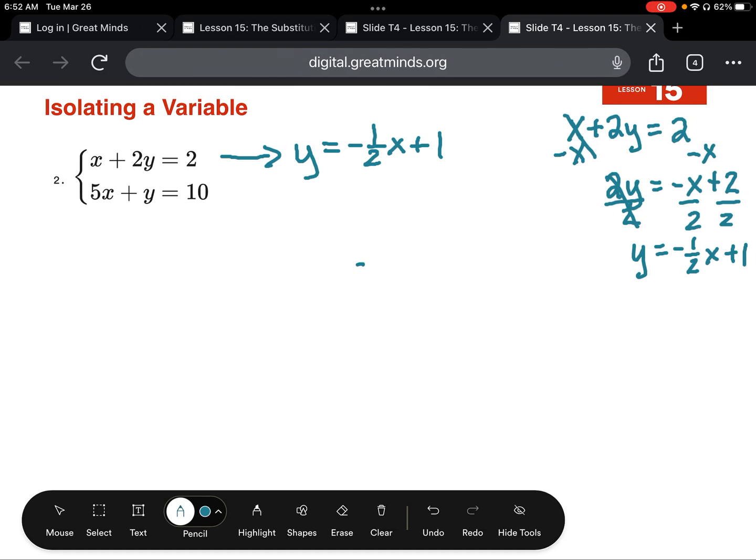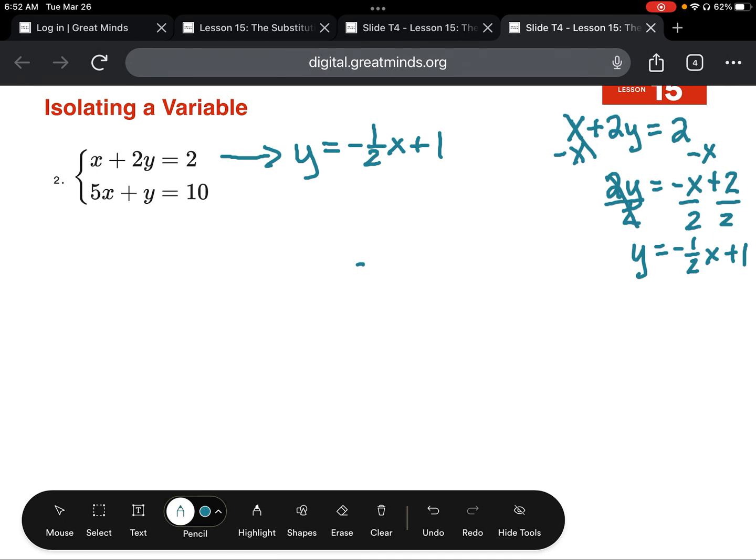And again, there are multiple ways to do this. You could have put one of the equations to be x equals, it doesn't really matter. Like if I wanted to do a little bit less work, technically, I could have just made this one x equals something. So this is just the way I'm choosing to do it. Maybe after this, I'll show you another way.